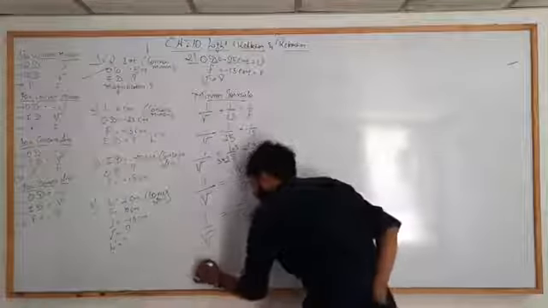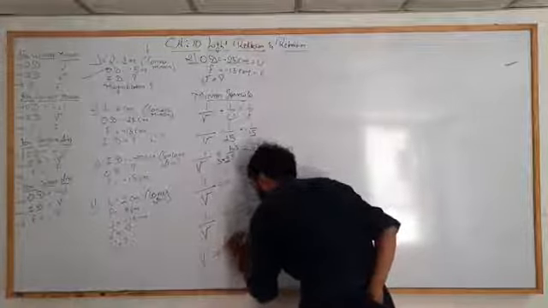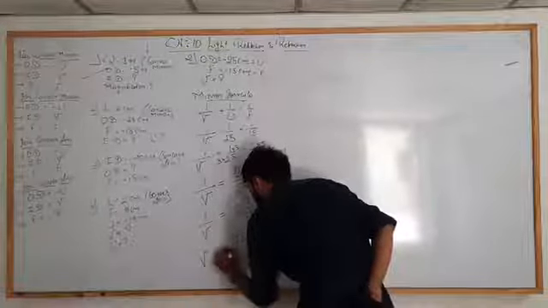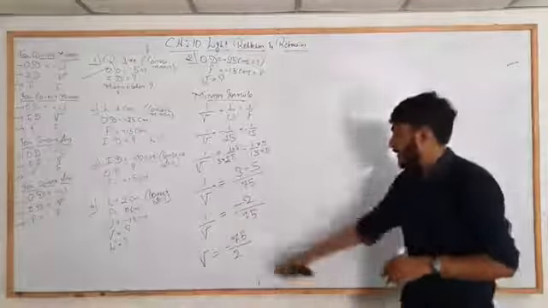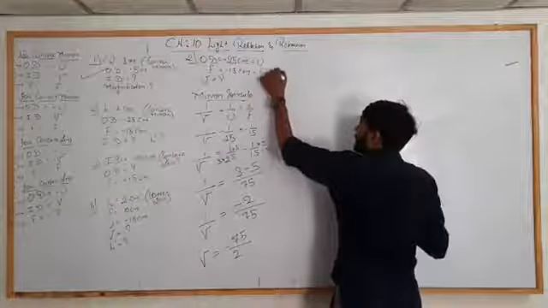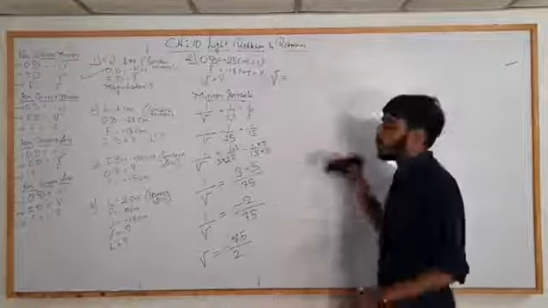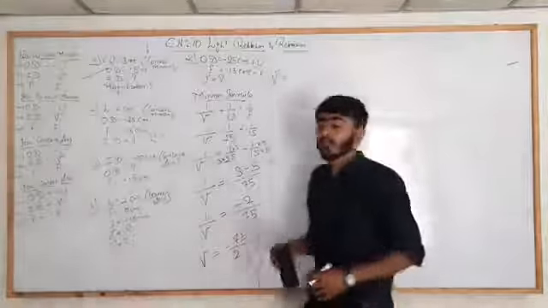And so that becomes V is equal to 75 upon minus 2. We need to divide 75 by 2 so that we can get the final value of V, that is the image distance.